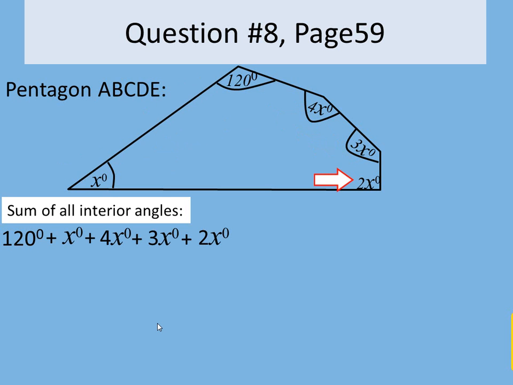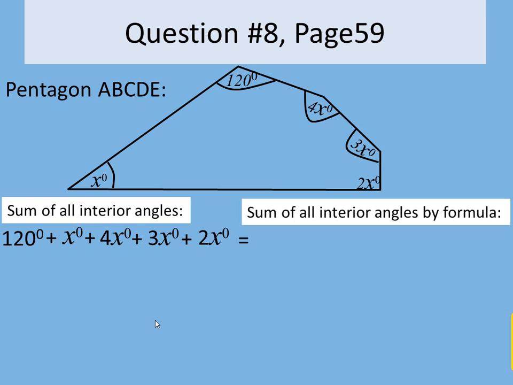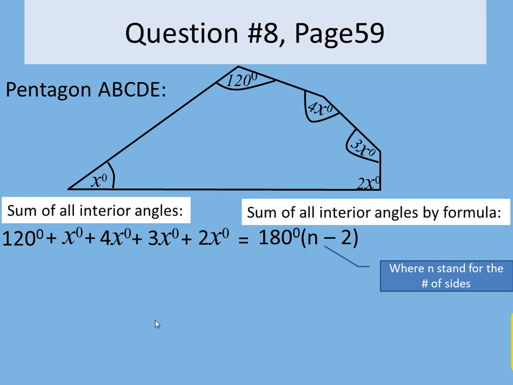So this method is to sum all interior angles of the polygon. Another approach would be to sum all interior angles by the formula, where the formula that sums all interior angles is 180 degrees, open bracket n minus 2, where n stands for the number of sides.